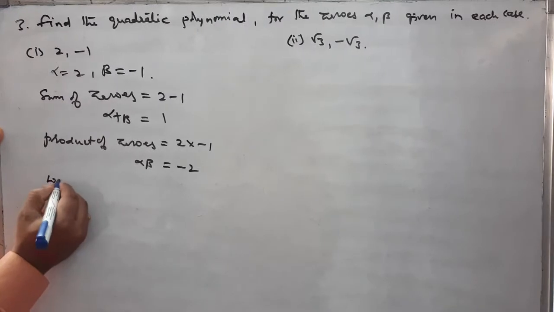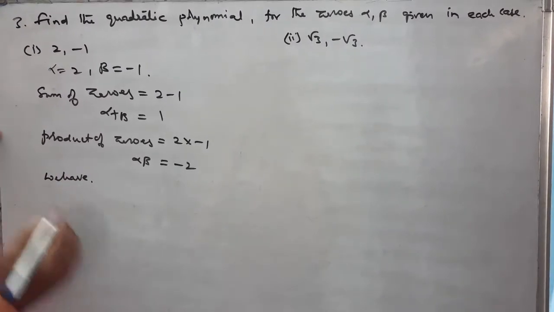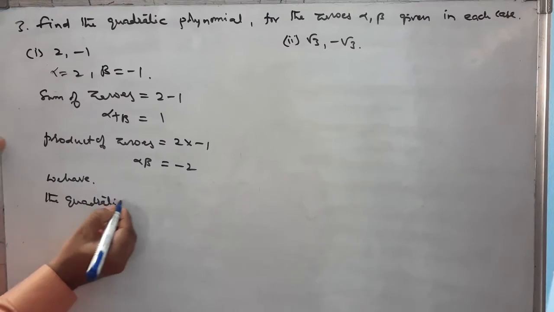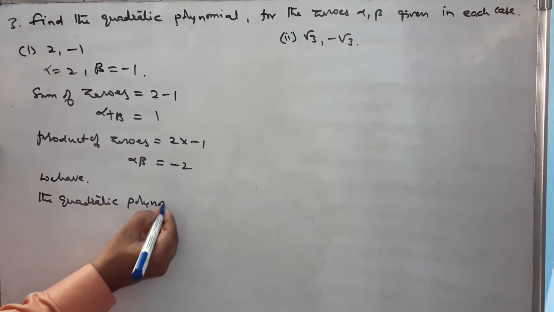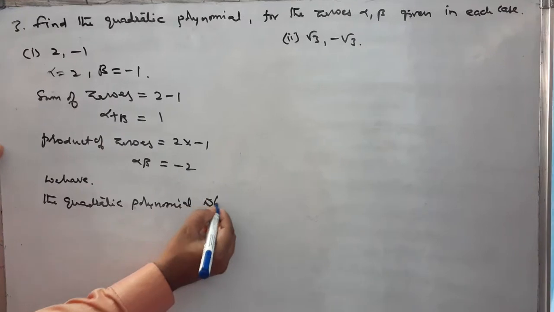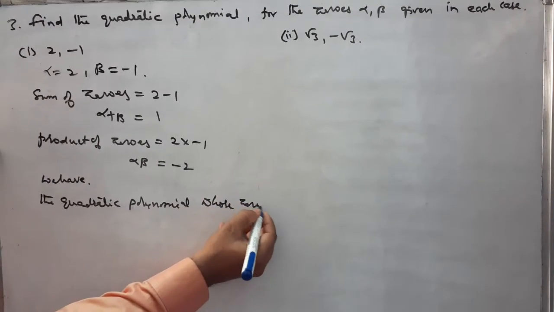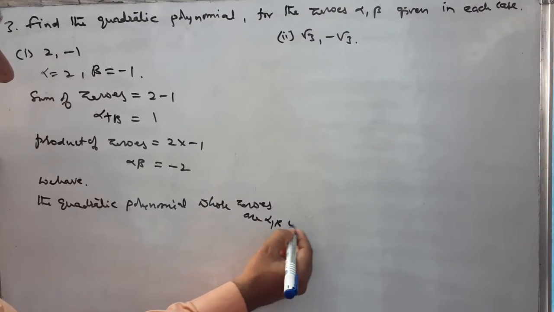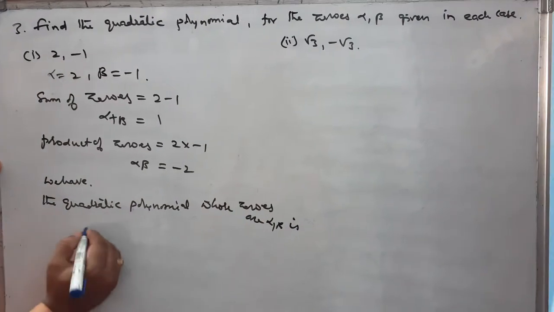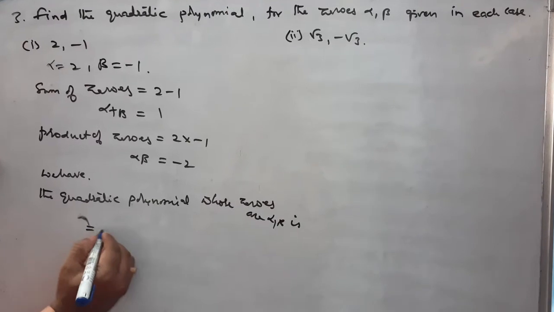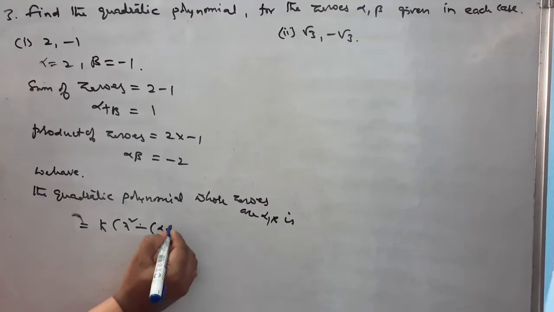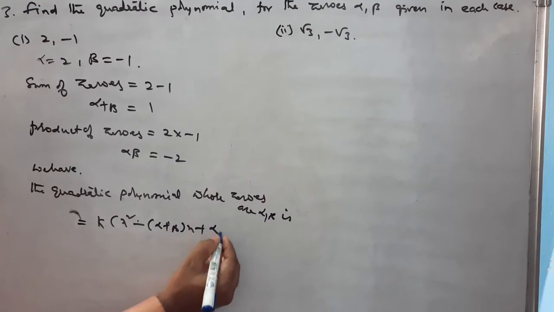We have the quadratic polynomial whose zeros are alpha, beta: k into x square minus (alpha plus beta) into x plus alpha beta.